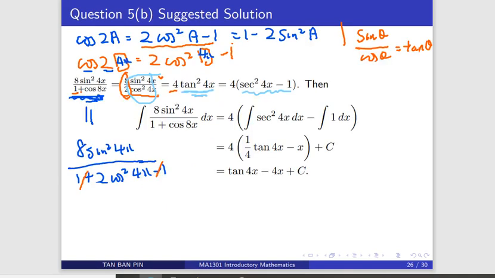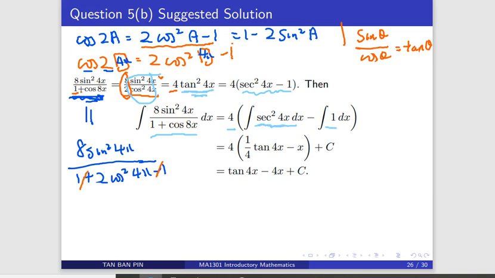So with that, you can say 8 sine squared 4x over 1 plus cosine 8x dx is the same as 4 times the integral of secant squared 4x minus 1.